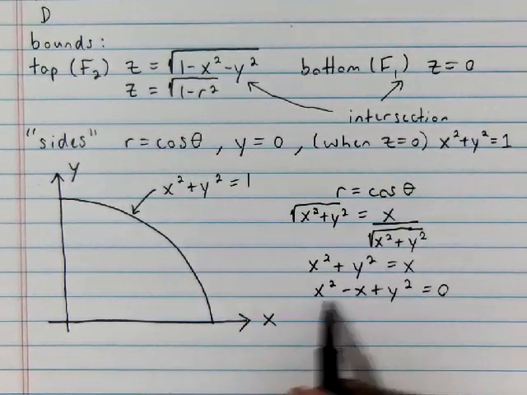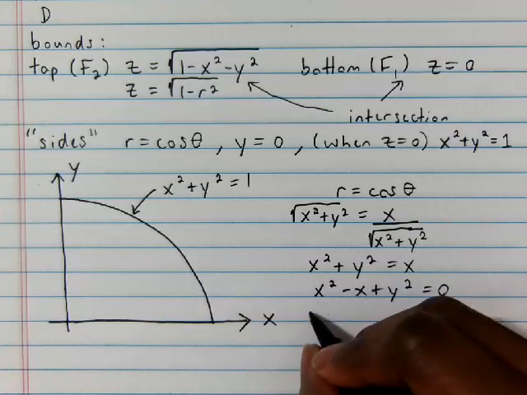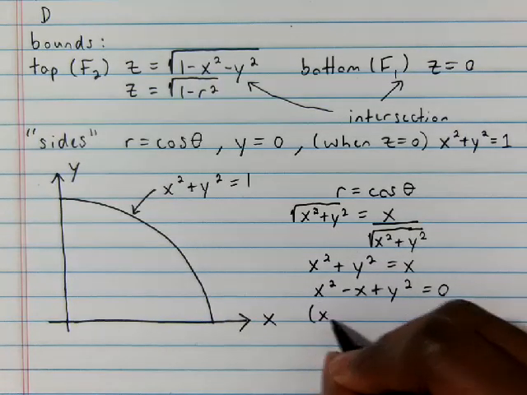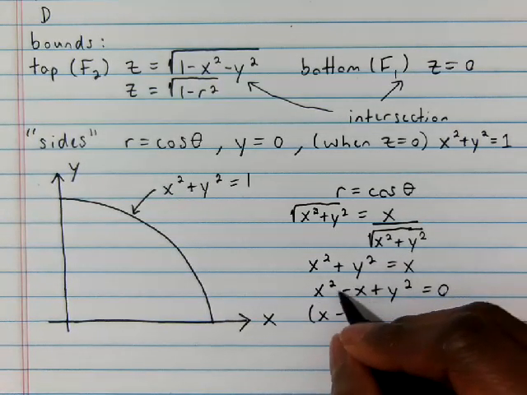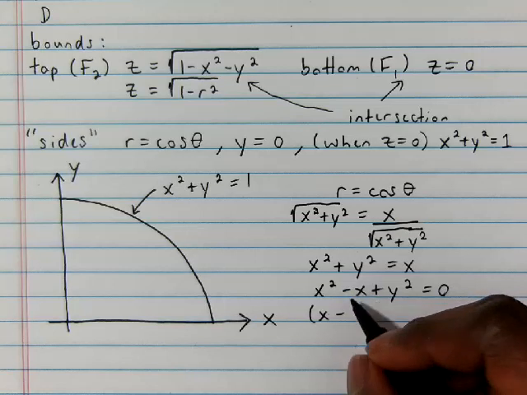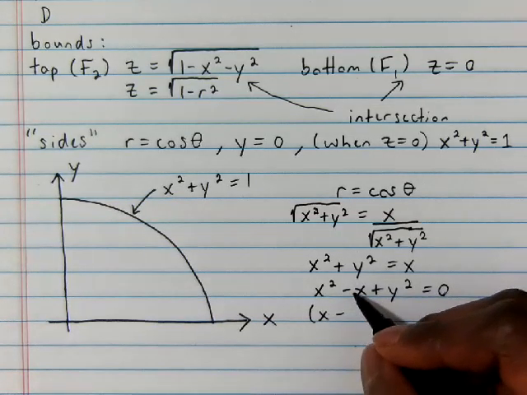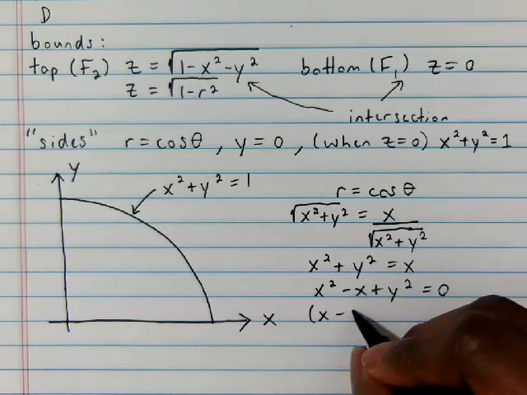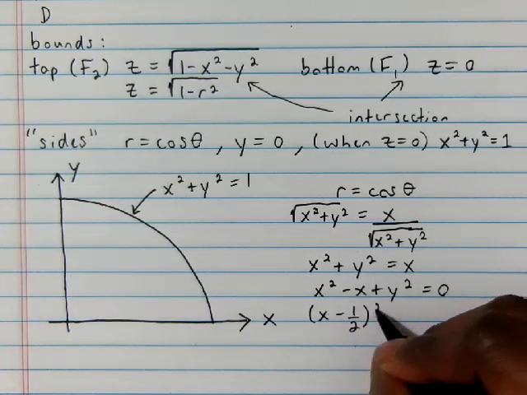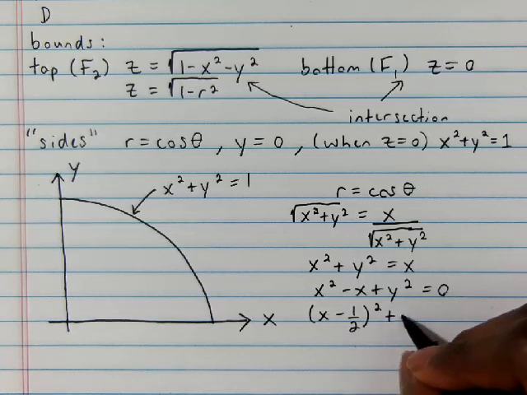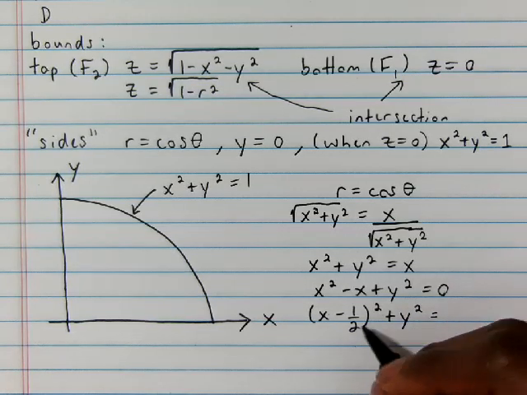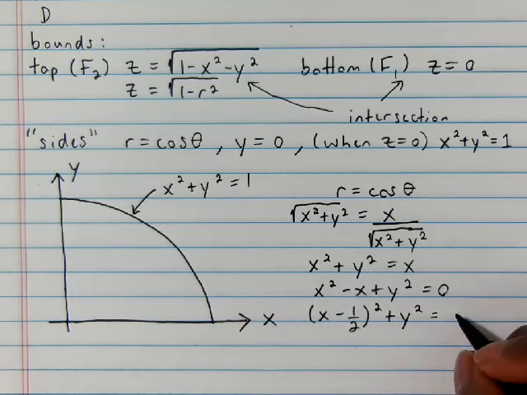And then if we complete the square with the x terms, we take 1/2 of the coefficient, so 1/2 of -1 is -1/2. So x plus -1/2 quantity squared plus y squared, and then this thing squared gets added over here.